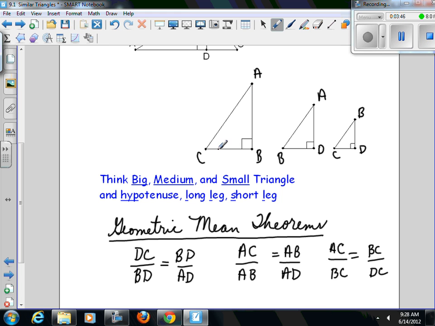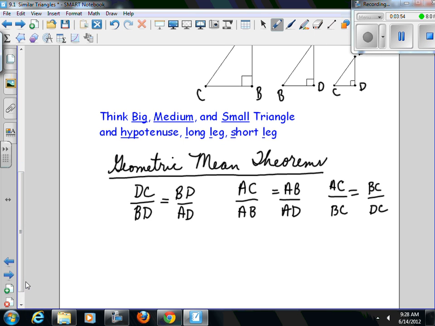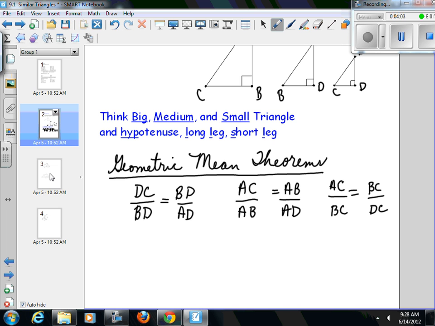So AC to BC is the same thing as BC to DC. All right, and that's our geometric mean theorem. Those are our geometric mean theorems. We are going to use those as we solve for missing values in right triangles. So let's take a look.